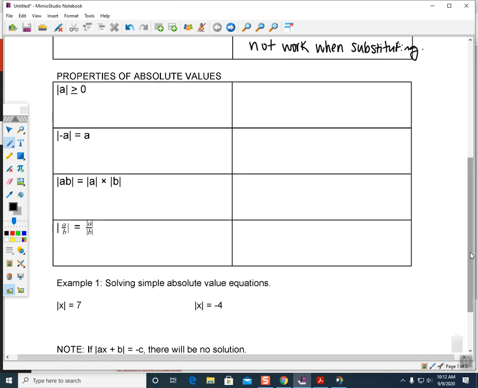All right, I've got some properties of absolute values. First one is pretty straightforward. The absolute value of a number or an expression is always greater than or equal to 0.